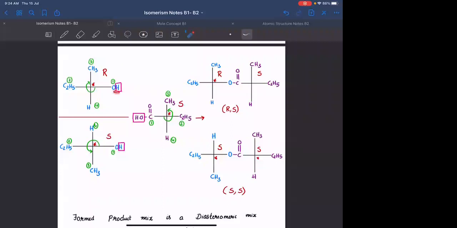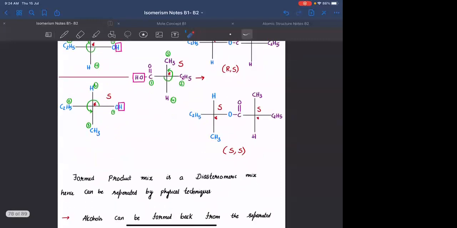Okay. So दोनों को reaction करने के बाद you are having the ester as RS if you are reacting the R alcohol. If you are reacting the S alcohol, the configuration is SS. RS and SS are not mirror images of each other. They are stereoisomers, hence they are called as diastereomers. These will be having different boiling points, melting points, and they can be separated by physical techniques.